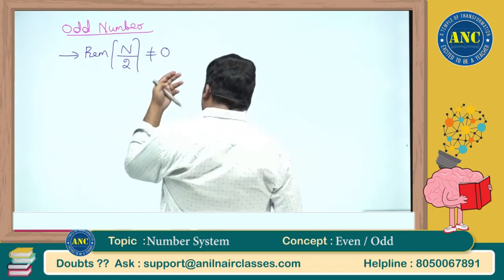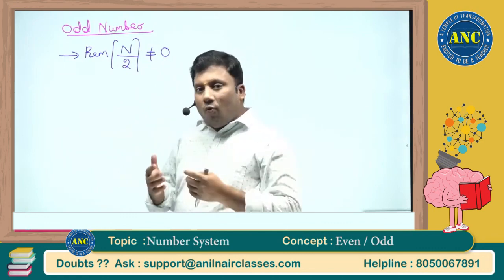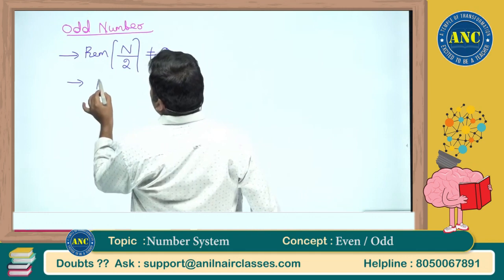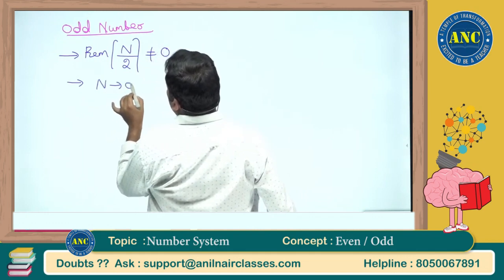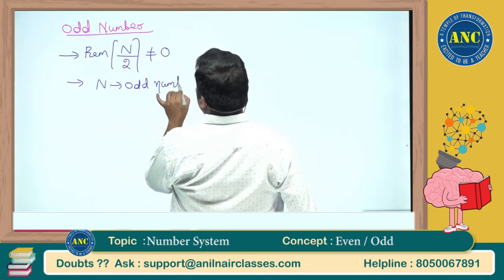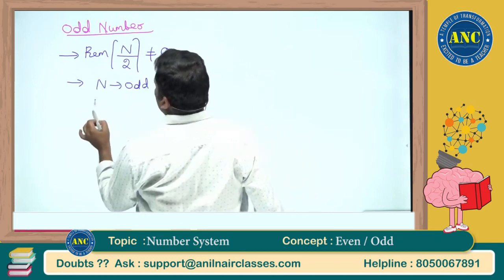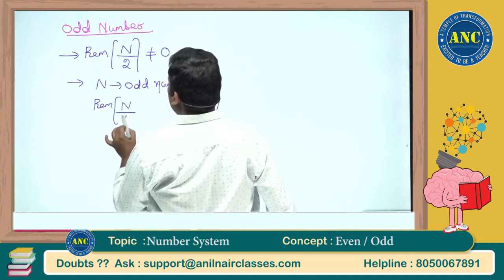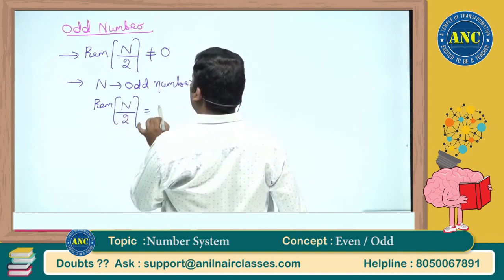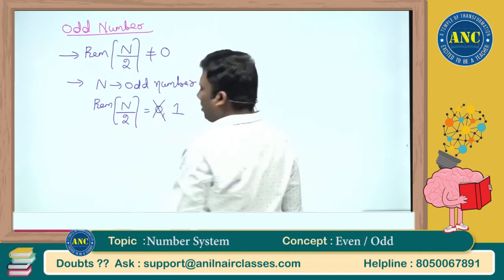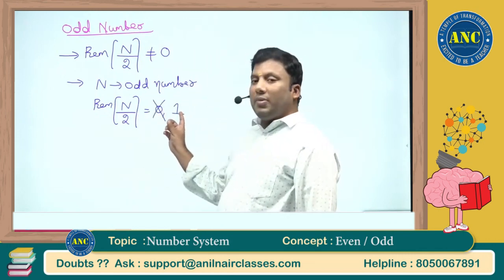If it is not giving remainder 0, what remainder does it give? If n is an odd number, when it is divided by 2, either it should give remainder 0 or remainder 1. 0 is not possible, so it gives a remainder 1.